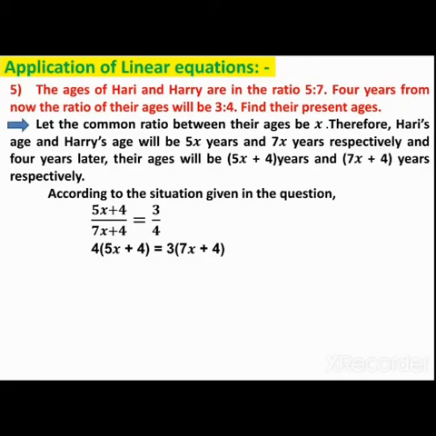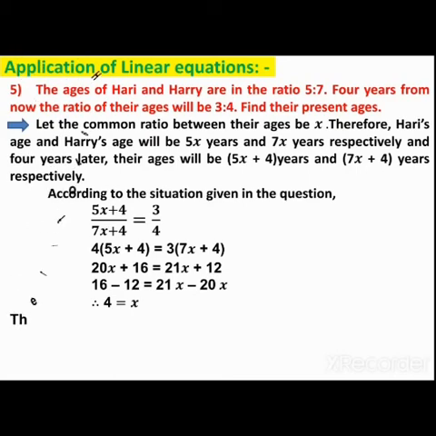So, multiply: 4 fives are 20x plus 4 fours are 16 equals 3 sevens are 21x plus 3 fours are 12. Now transpose a constant to one side and the variable to the other. 16 - 12 = 21x - 20x. So 16 - 12 is 4 and 21x - 20x is x. It means 4 = x.